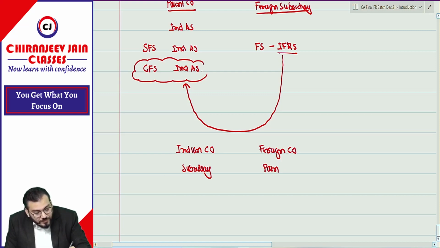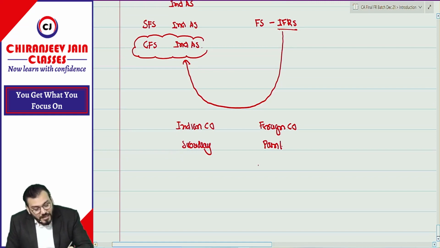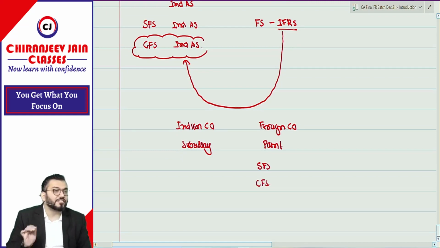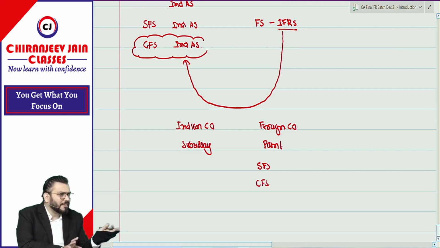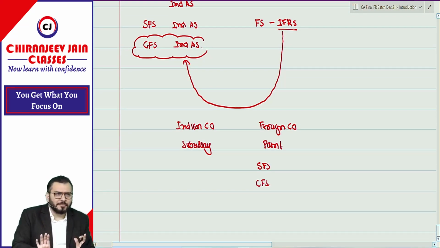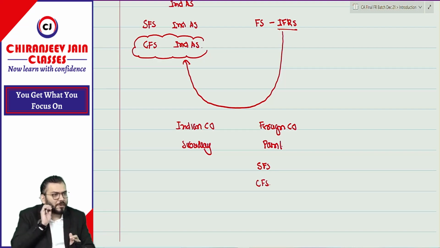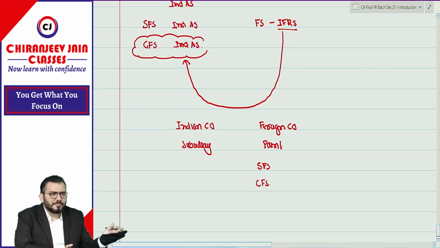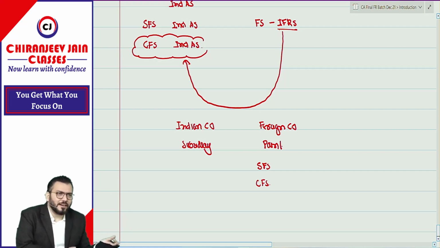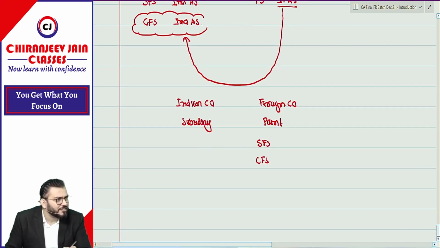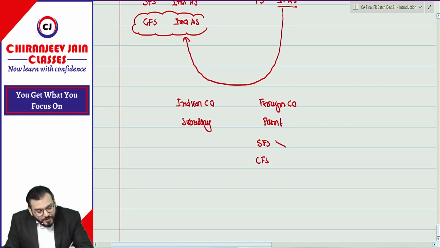So they will prepare their separate financial statement and consolidated financial statement based on their GAAP. I don't know what is applicable to them. For a Pakistani company, we need to ask Pakistan what is applicable to them. They also apply International Accounting Standards only. Can I write down as per their GAAP? Or better I write down IFRS, because most of the countries have adopted IFRS. So I will write down IFRS.